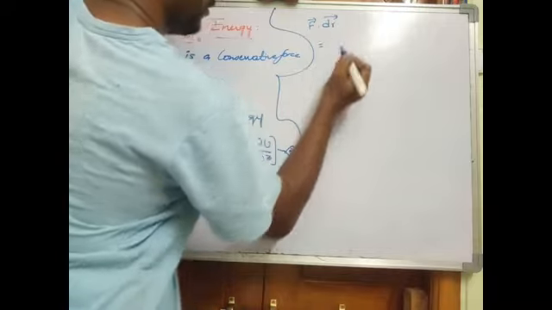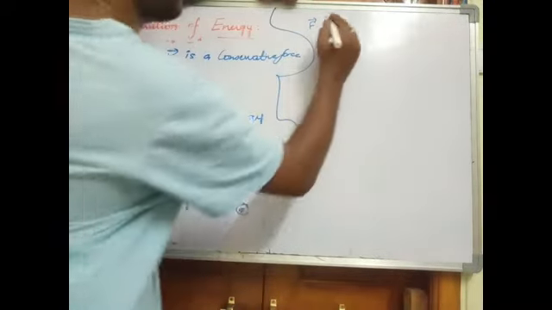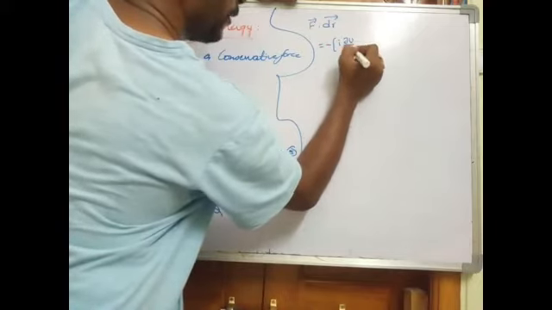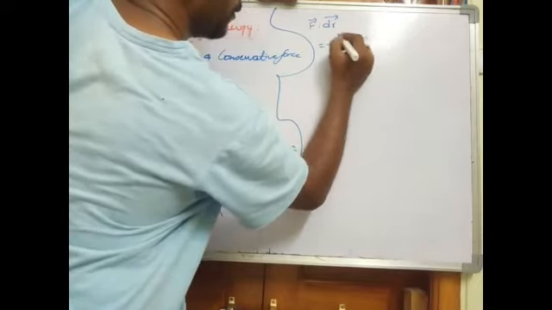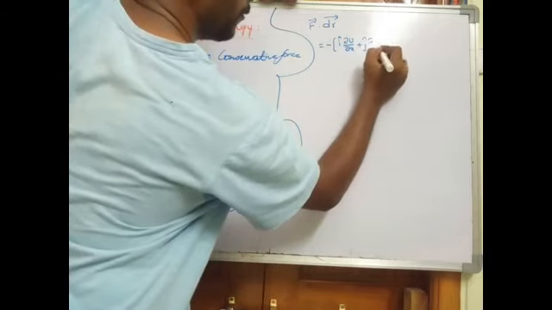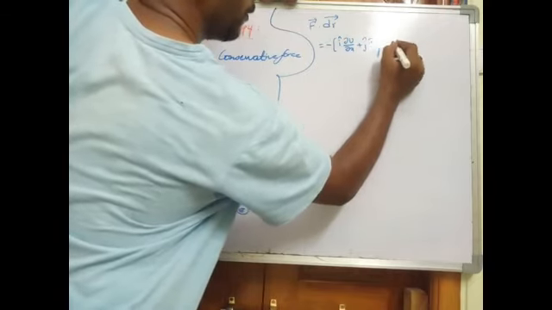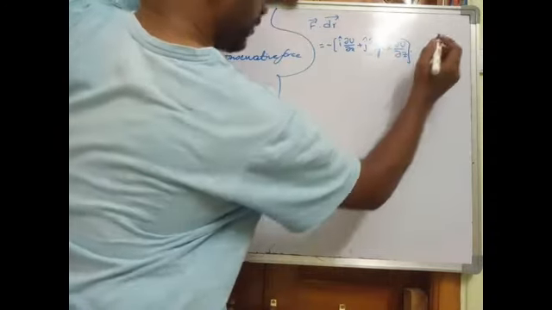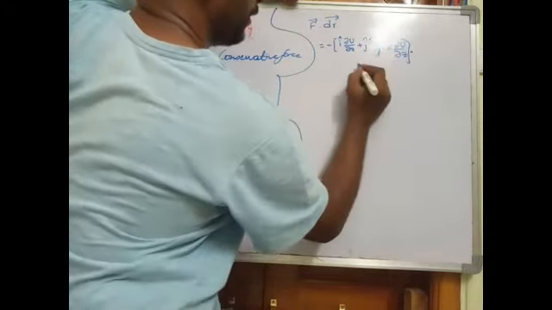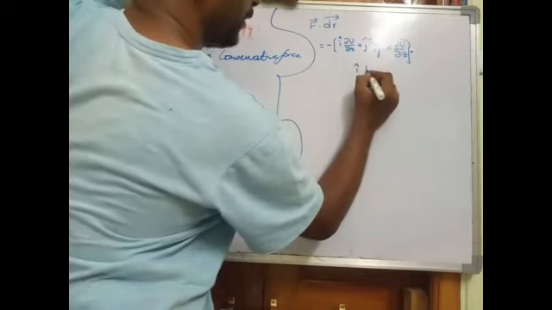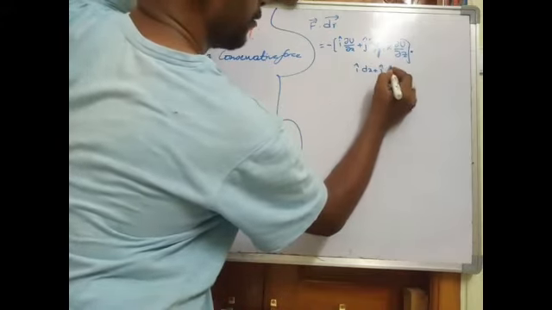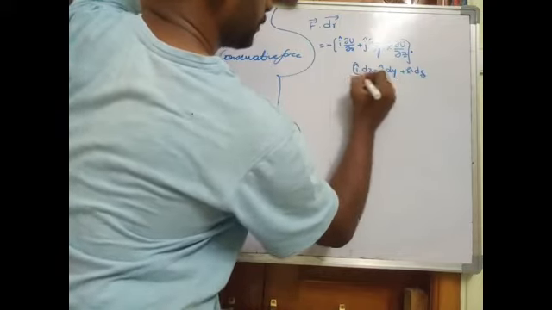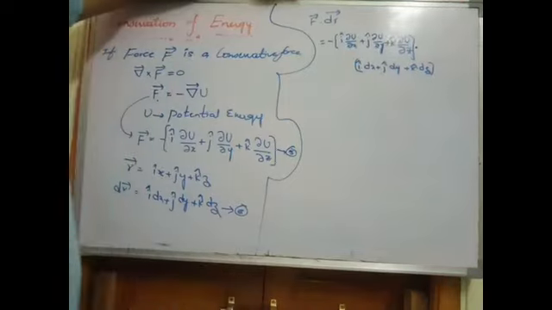F bar dot dr bar equals minus (i dou u by dou x plus j dou u by dou y plus k dou u by dou z) dot (i cap dx plus j cap dy plus k cap dz), and we take the dot product between them.